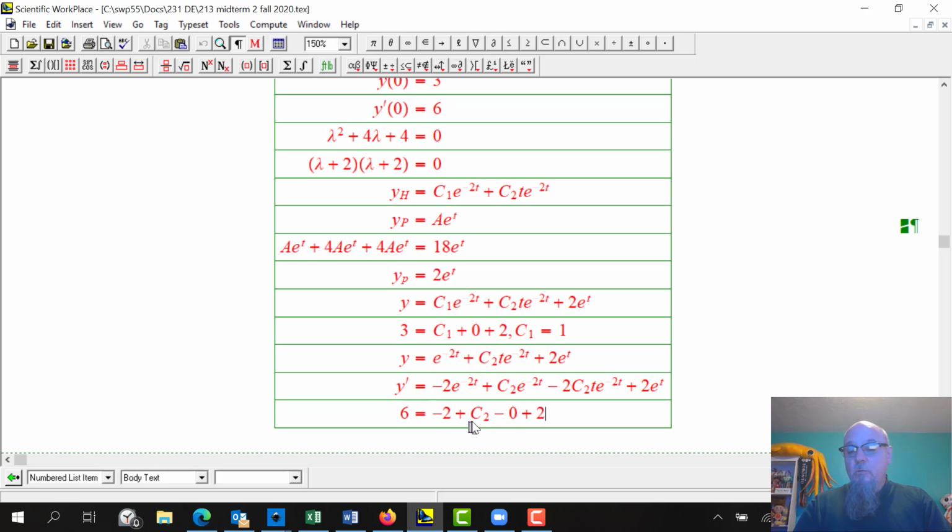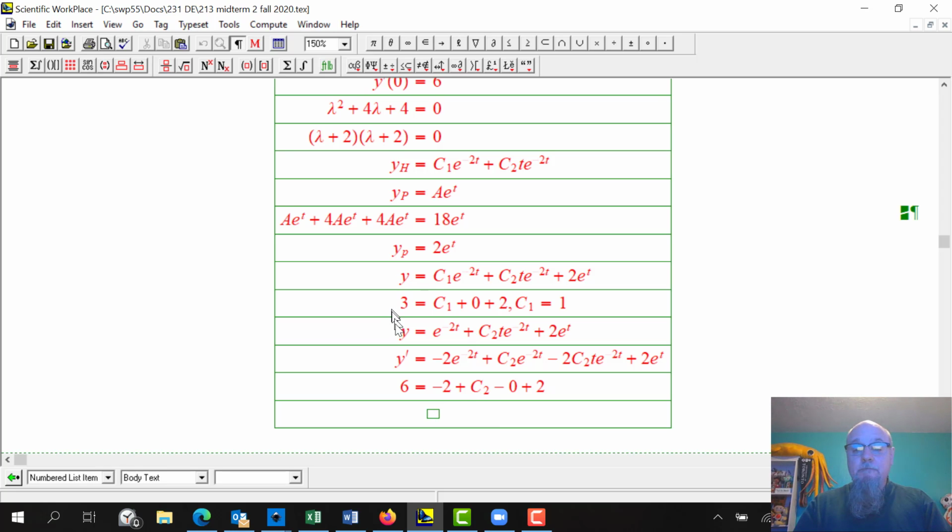And that means that c2 is equal to 6, because this plus 2 and this minus 2 cancel out. So, final answer, with the 6 here.